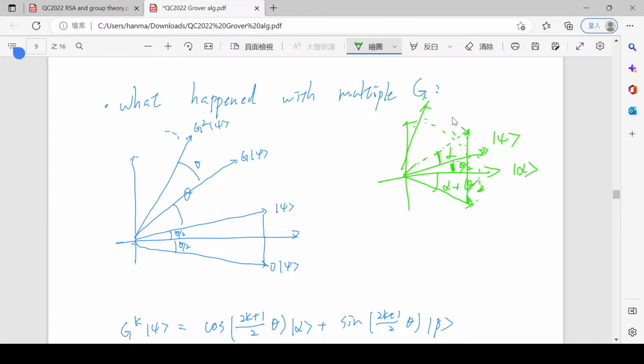So this whole angle is alpha plus theta. Okay? So this is elementary school math. What we really want to know is this angle. So it's alpha plus theta, subtract the alpha you started with. So this is theta. Okay?